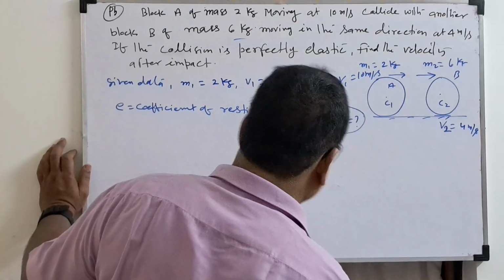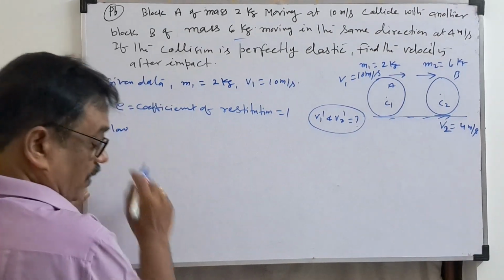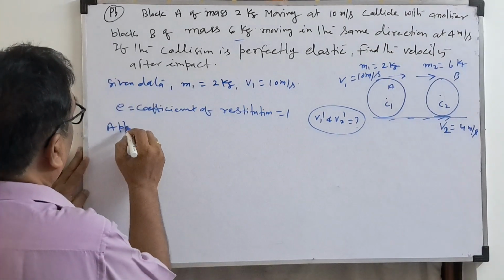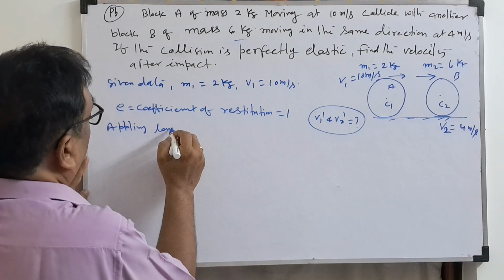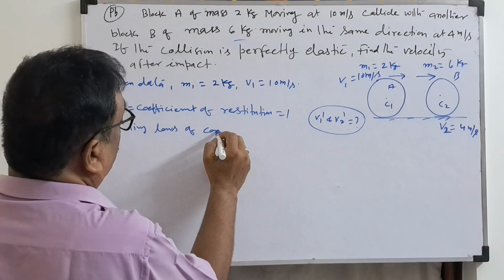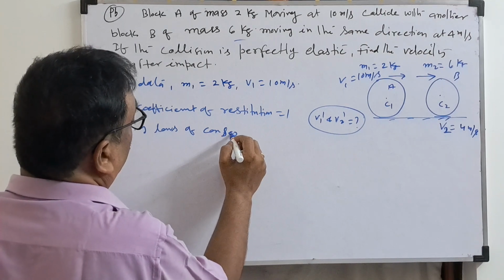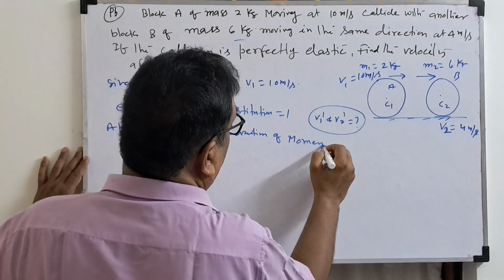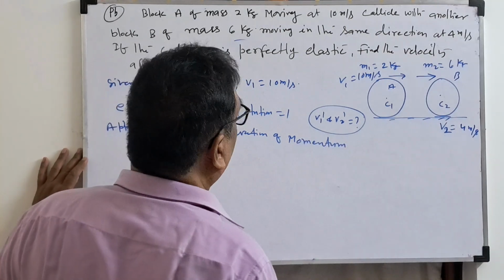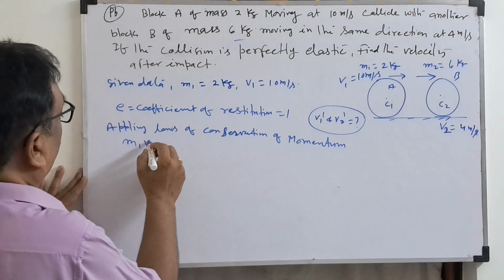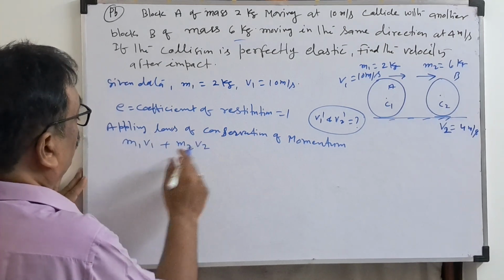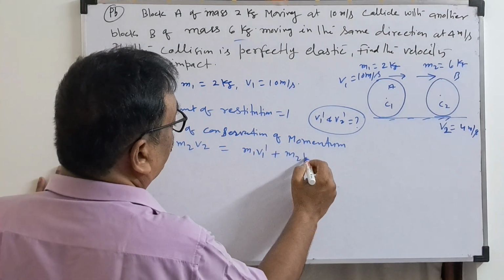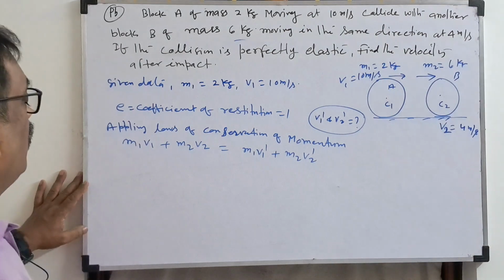Applying the law of conservation of momentum principle: M1 V1 plus M2 V2 before collision equals M1 V1 dash plus M2 V2 dash after collision.